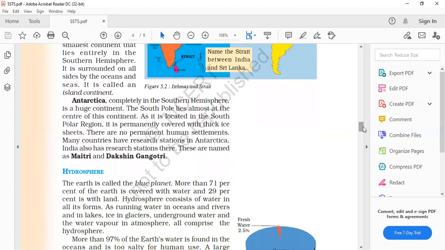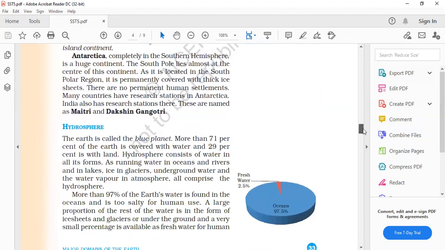Okay, and next come to the hydrosphere. Here you got the answer, that is why Earth is called the blue planet. It is from chapter 1 where you get the same question, that is why is Earth called the blue planet. See, this is the answer you get here, and you can write this for chapter 1 also, why life is found on the earth, or why earth is called the blue planet.